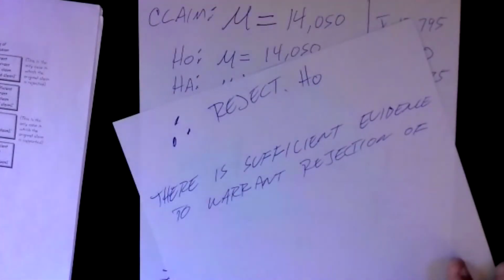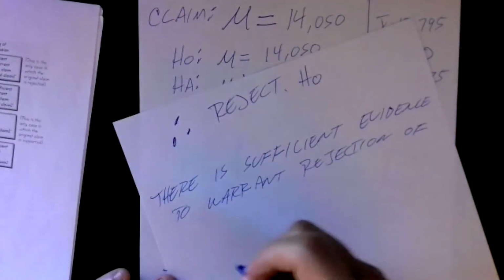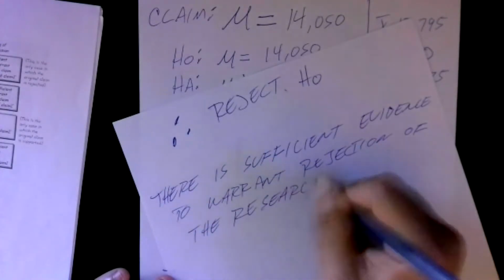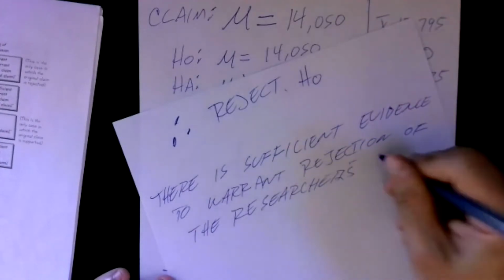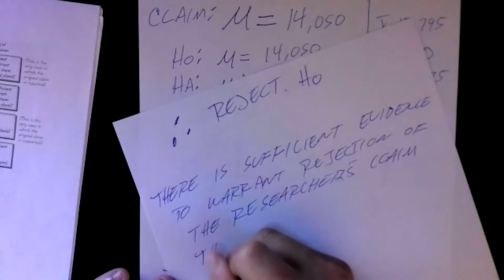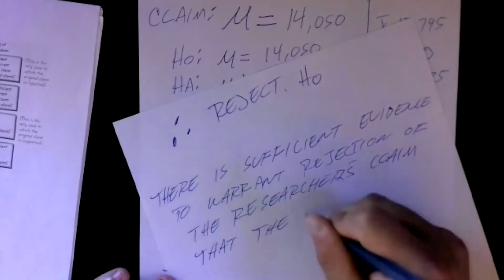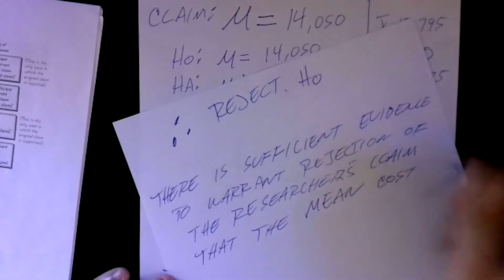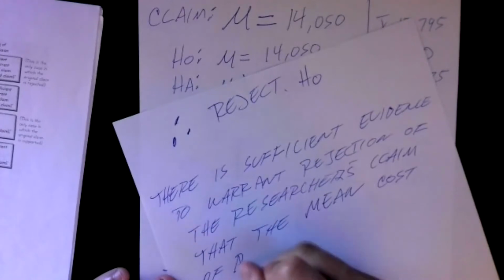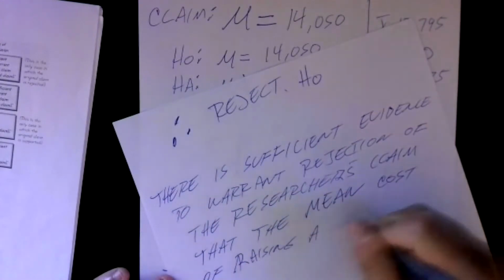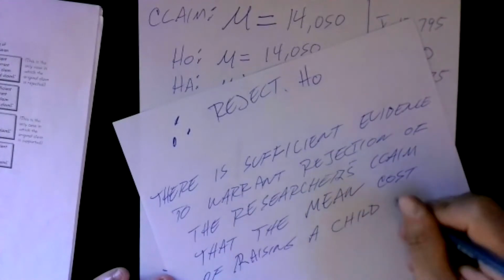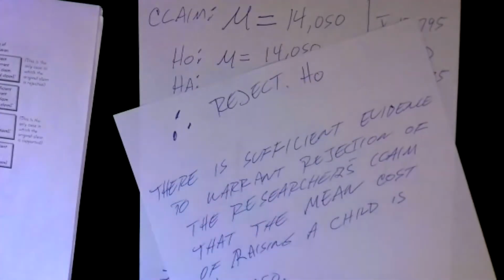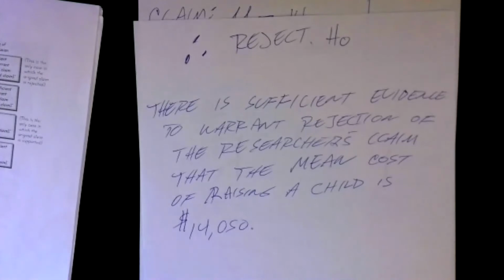Whose claim? We should say the researcher's claim that the mean, make sure you get the parameter in there, cost of raising a child is $14,050. And there we go, we're finished.